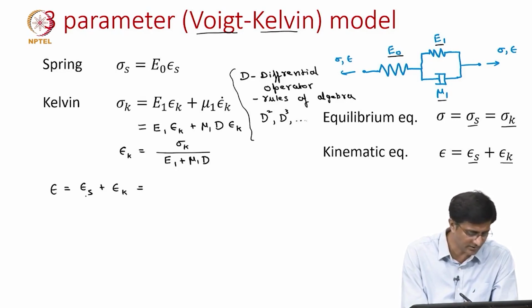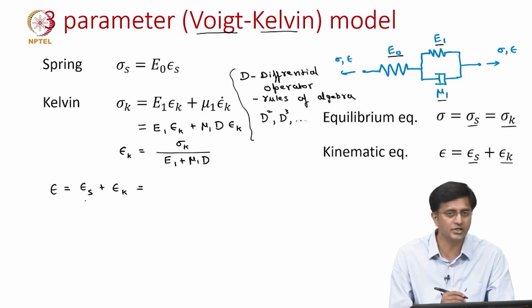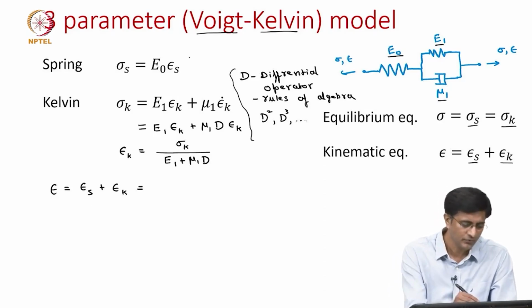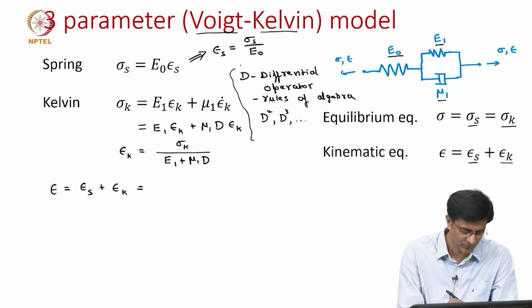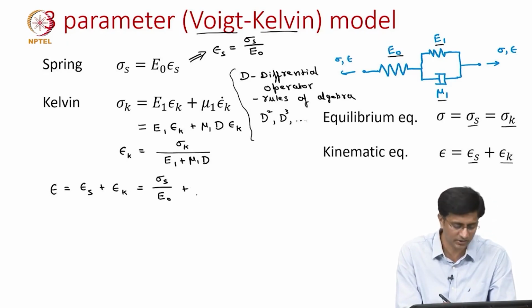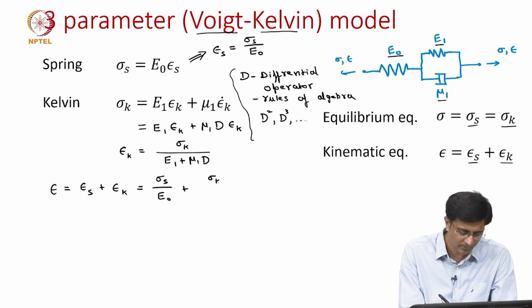So, first let us see how we can write the strain in the spring. So, from this I should be able to write the strain in the spring is simply sigma s by E naught. So, that I am replacing here, stresses in the spring by the modulus, plus we just wrote epsilon k, or the strain in the Kelvin, which is sigma k by E1 plus mu1 times d.